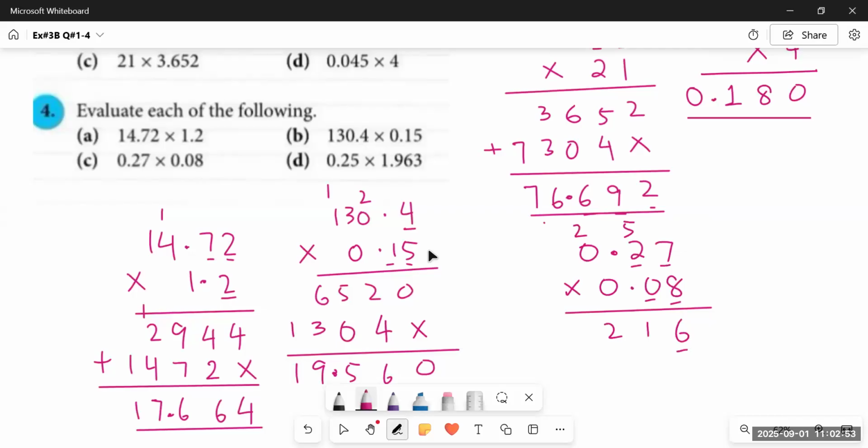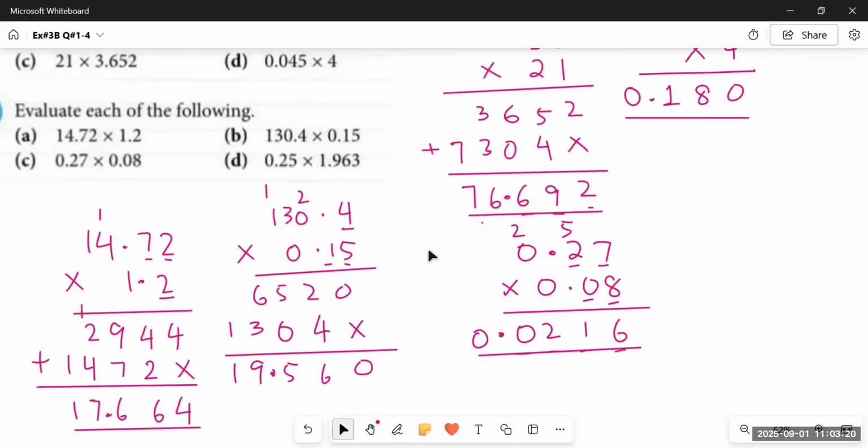So since we only have 3 digits over here, we are going to add a 0 to complete 4 decimal places and then put a decimal over here. And the answer would be 0.0216. Since we had 4 decimal places in the question, there must be a total of 4 decimal places in the final answer. Therefore, we have added a 0 before 2.